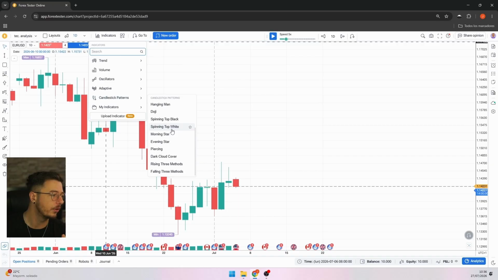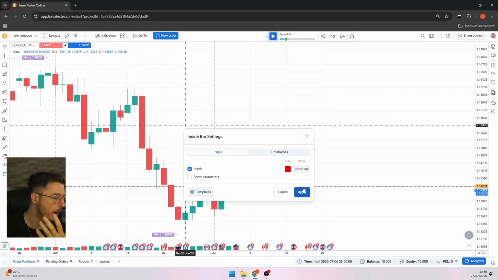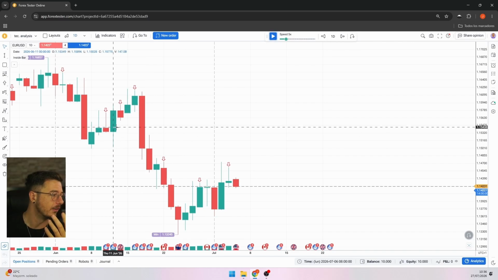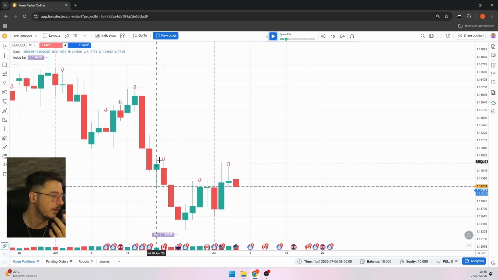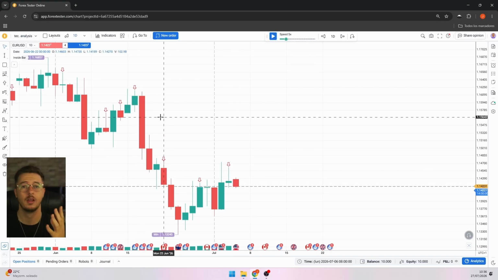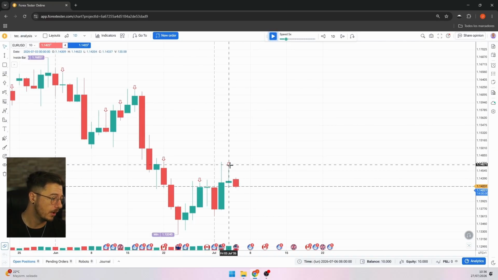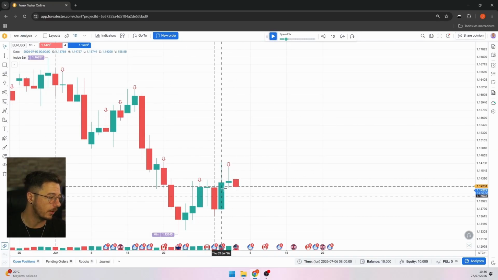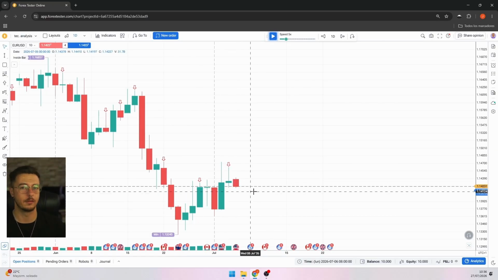We can find all the candlesticks that exist, and if we select one, let's say inside bar, then when we get an inside bar, we're going to see an arrow showing it. An inside bar basically means that the previous candle is bigger than the next one after closing. So you can see this candle here is smaller than this candle. That's why it's called an inside bar.